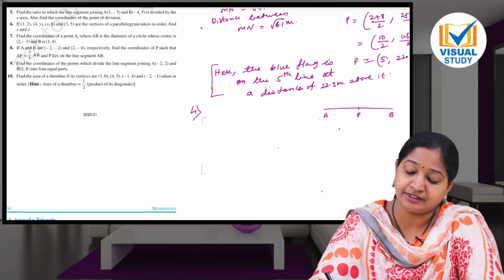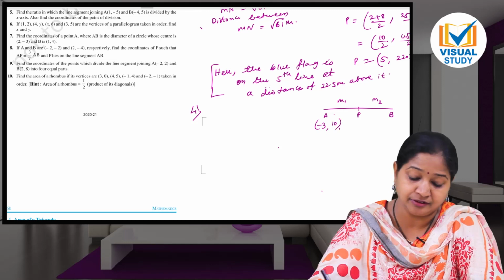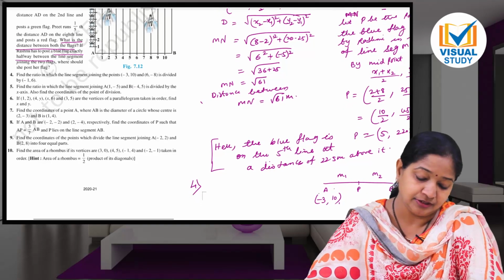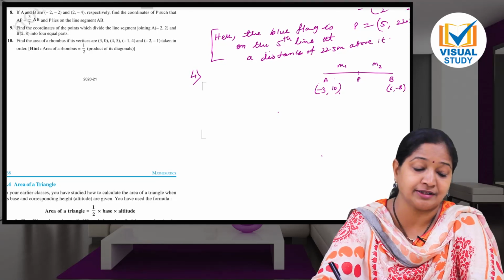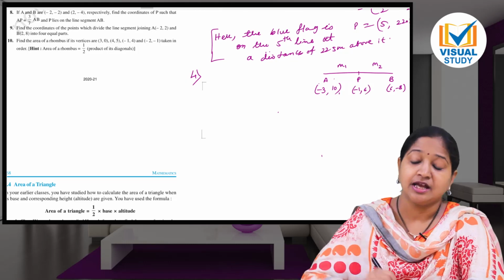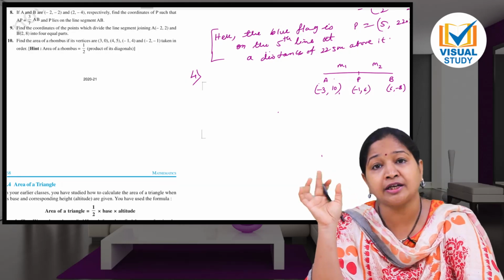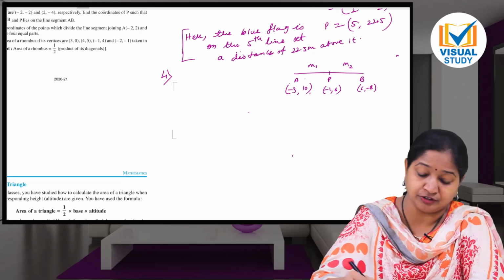They have not given us the ratio, that is m1 and m2. They have given us the points, that is minus 3 and 10, and 6 and minus 8. B point is 6 and minus 8. And the P point they have given us is minus 1 and 6. And they have told us to find out the ratio.